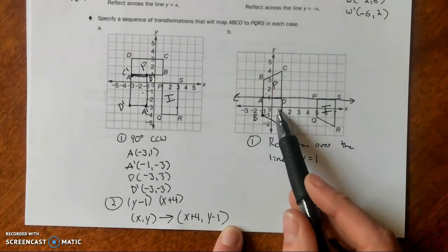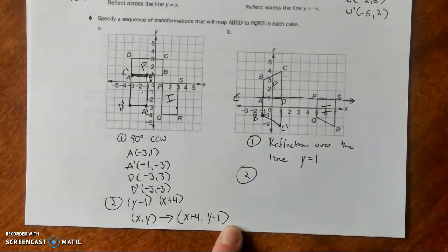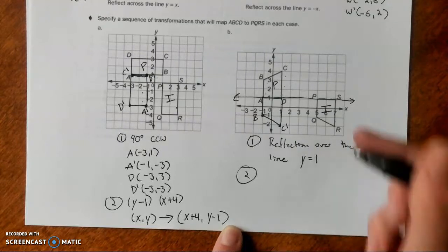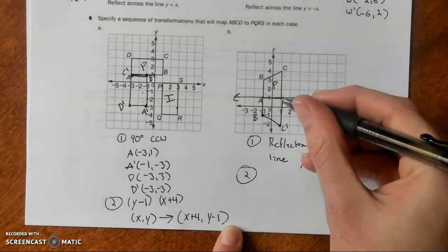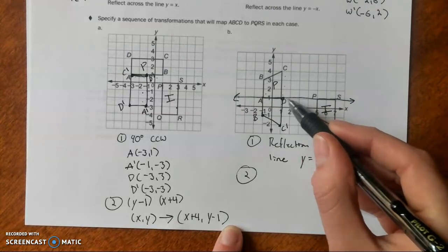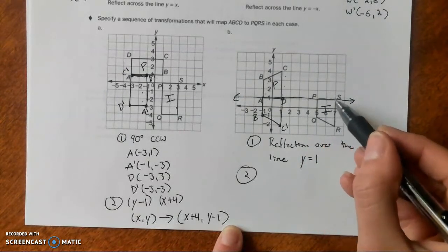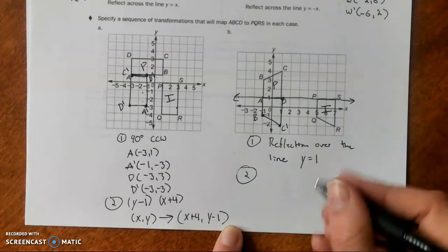And now let's think, how can we get over here to our final image? I'll pause and let you think about that. Okay, so hopefully you saw that if we're going from like this point right here, it would move over 1, 2, 3, 4, 5, 6 units to the right.